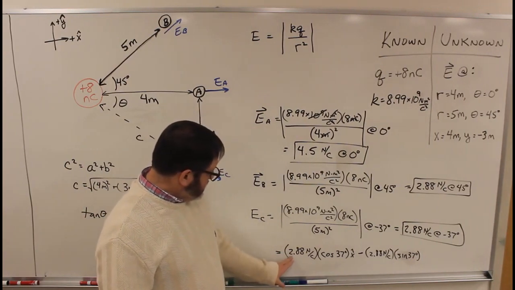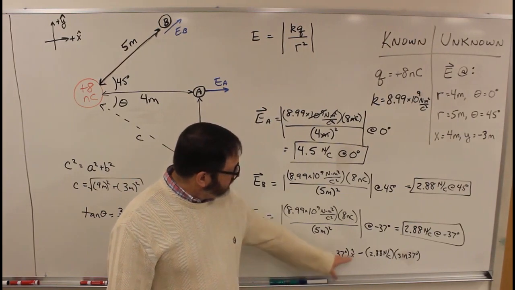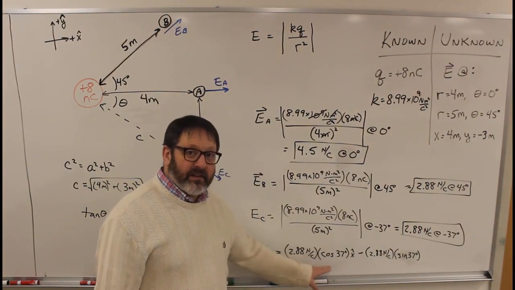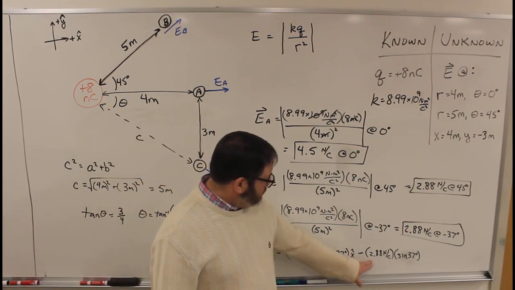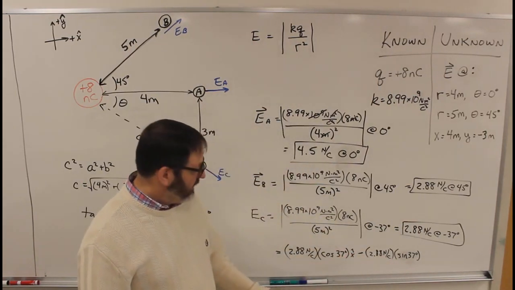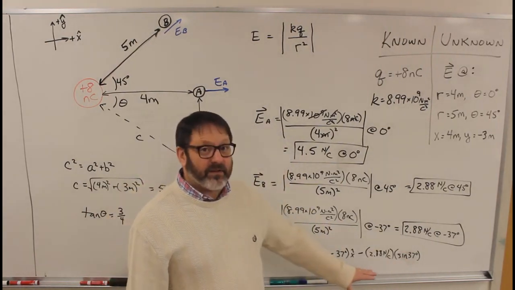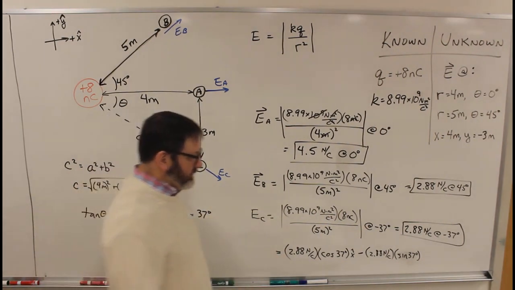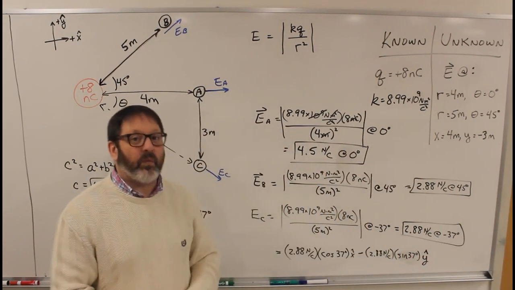So you could also say this is 2.88 newtons per coulomb times the cosine of negative 37 degrees from here, because cosine of positive 37 and cosine of negative 37 are the same. Then this could be plus 2.88 newtons per coulomb times the sine of negative 37 degrees, because the sine of negative 37 is opposite the sine of positive 37. So whichever way you like to do it. And I should have added here, that one's in the y hat direction.